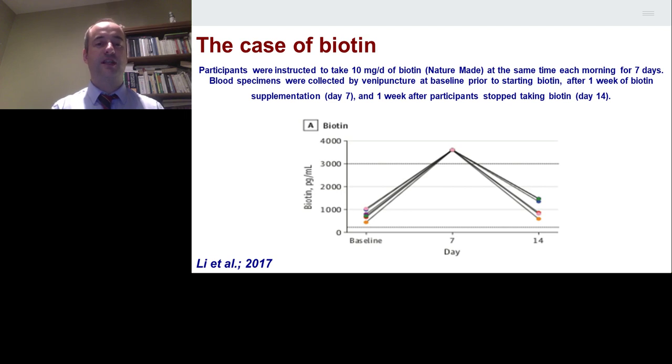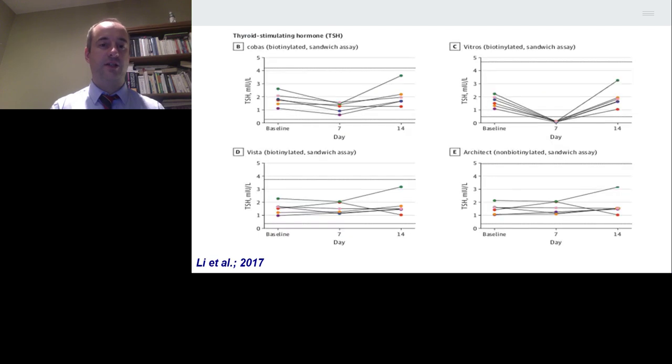That was the case reported by Danny Lee and a team in Minnesota, and they demonstrated the impact of biotin supplementation on different methods and on the TSH, for example, as illustrated in this picture, with a decrease at D7 after taking biotin.